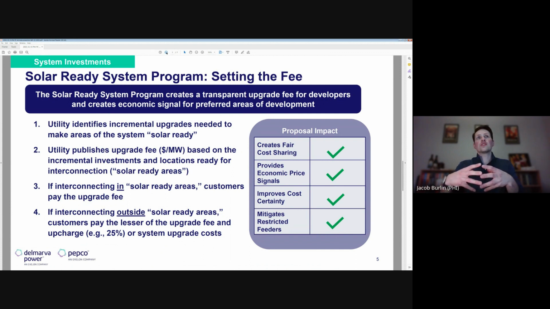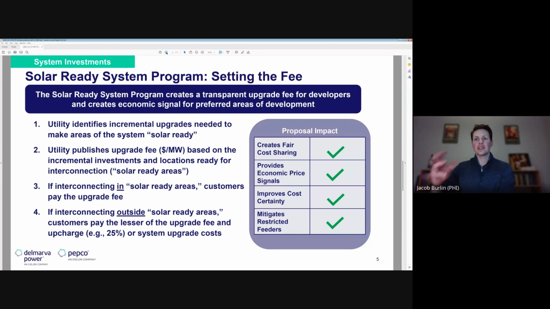If customers are looking to interconnect in the solar ready areas, they would pay that upgrade fee. If customers are looking to connect outside of those solar ready areas, they would pay that upgrade fee and some surcharge, or the upgrade cost they would have incurred for their specific interconnection location, whichever is lesser.